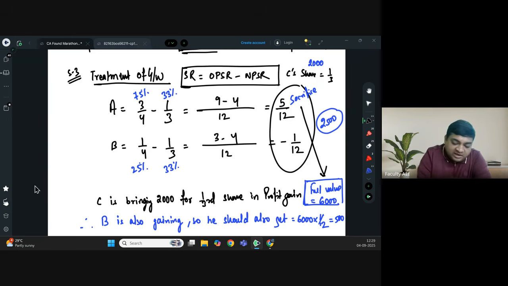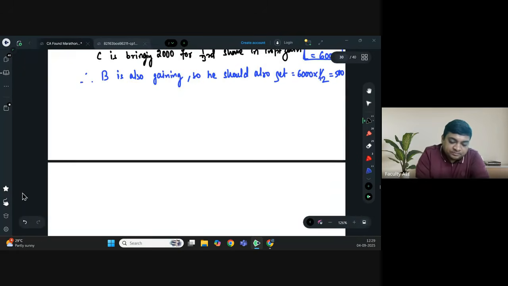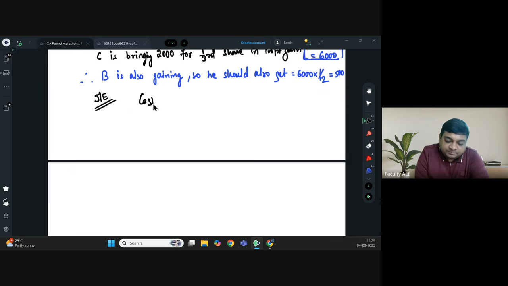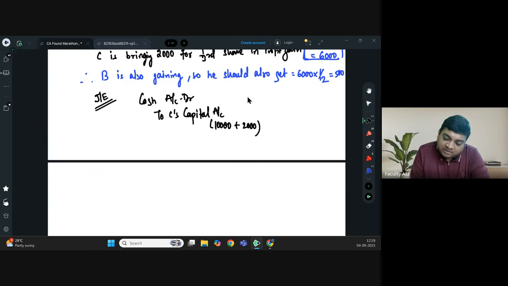So now what will be the journal entry? Just see. Cash account debit to C's capital. 10,000 for capital and 2,000 for goodwill. So he will bring 12,000.